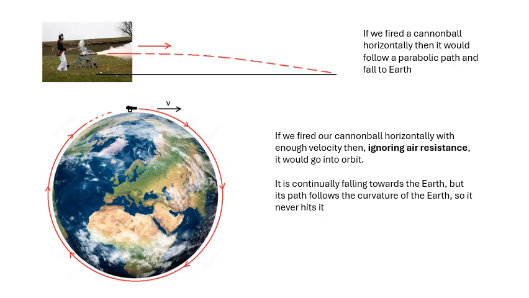It will continually fall towards the Earth, but because the Earth is curved, it will never hit it. It would have to be traveling something like 8 kilometers a second. Following the curvature of the Earth, it would go into orbit, ignoring air resistance.